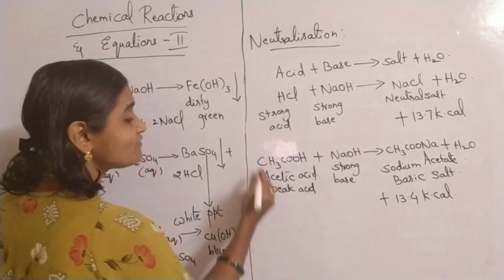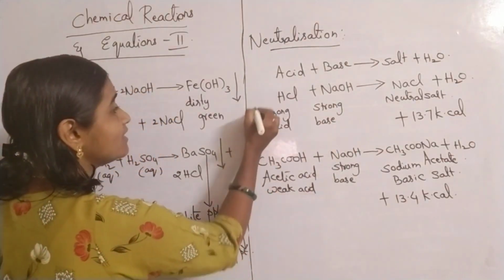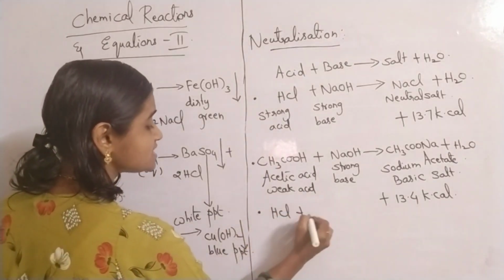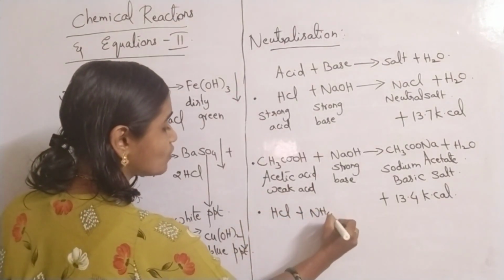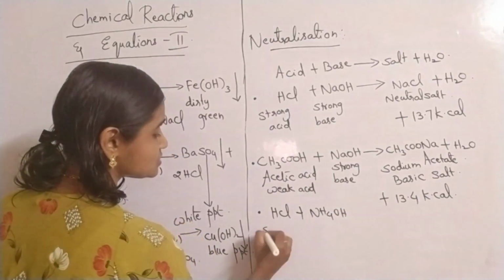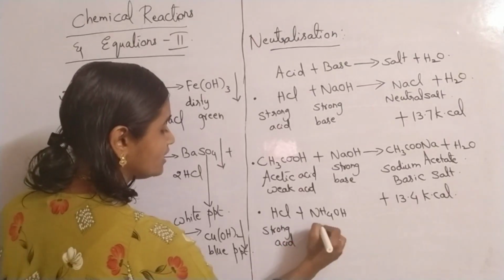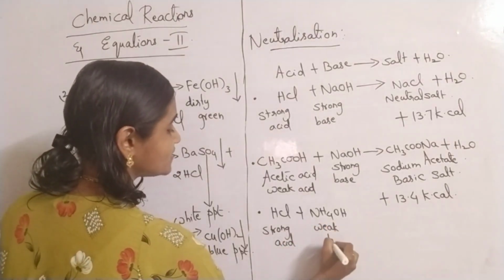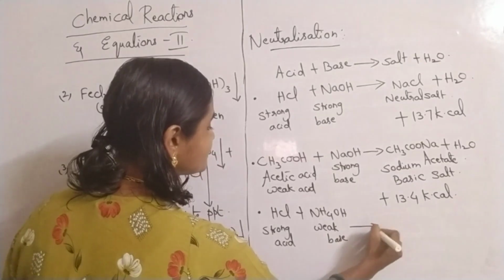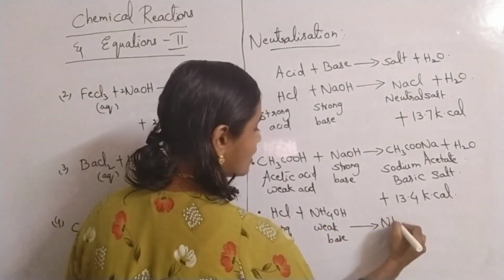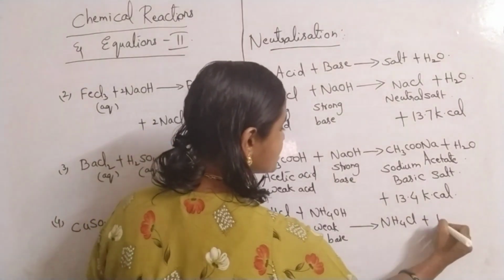We'll take one more example where you take the acid to be strong and the base to be weak. NH4OH, a weak base, reacts with a strong acid. Then it gives rise to salt. Here NH4Cl is the salt which is formed, plus H2O.